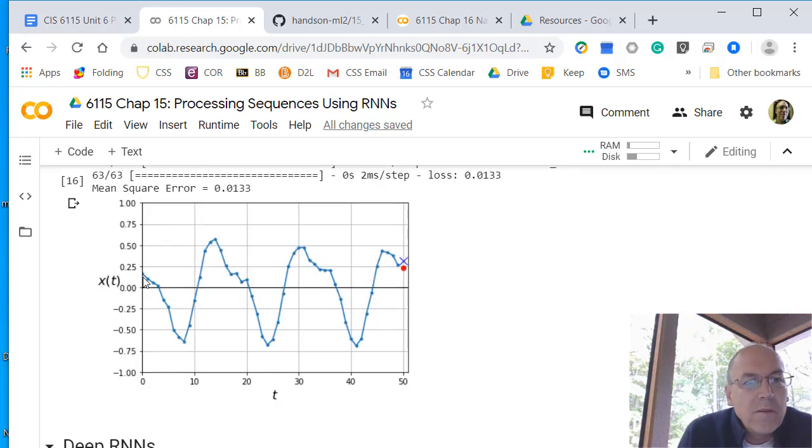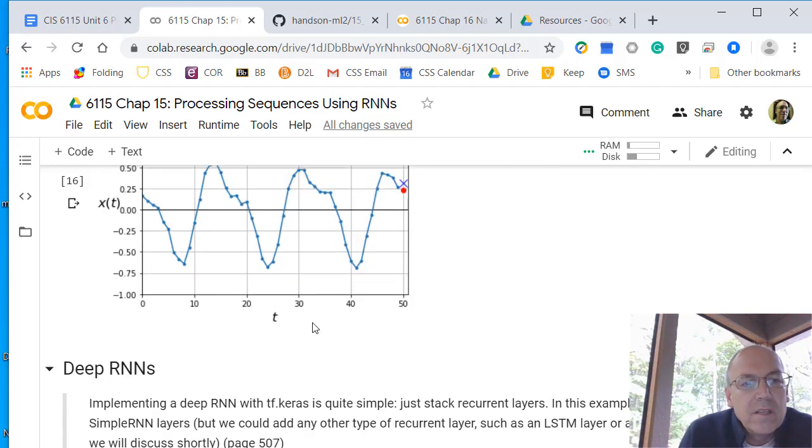Basically, we're feeding the network each of these data point values over time. Each of these values feeds in, and then at the end, it says, okay, now we're getting here. Where would you predict the next value to be? It predicts some value, and this is what the actual value is.